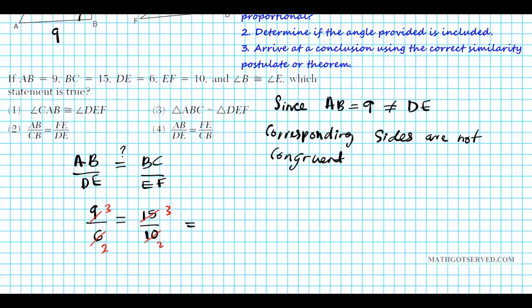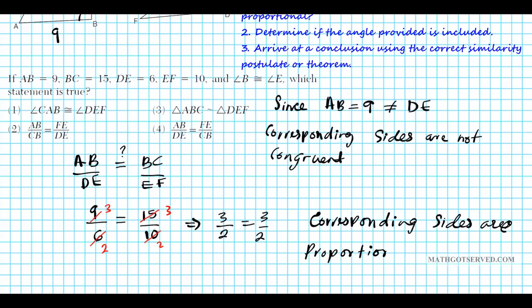So what do we have? We have 3 over 2 is equal to 3 over 2. Proportional. Okay, so we have a proportionality statement here. So for these two triangles, corresponding sides are proportional.